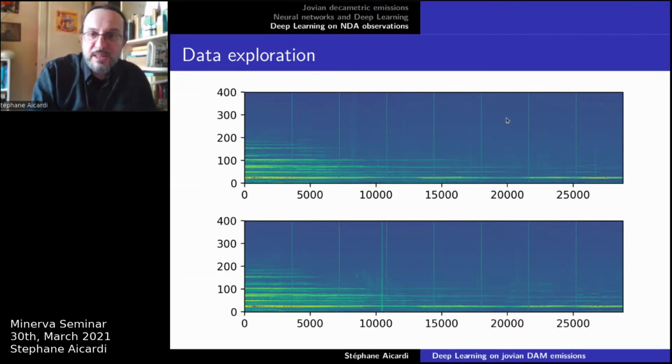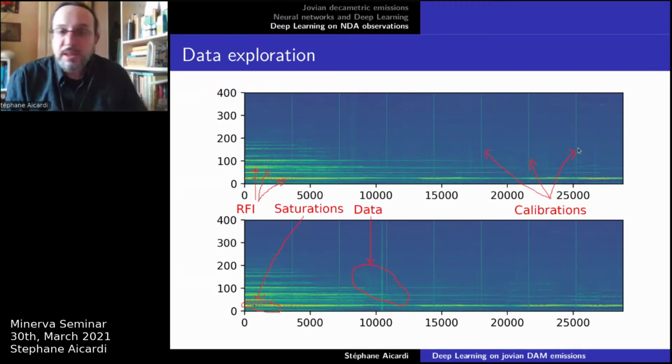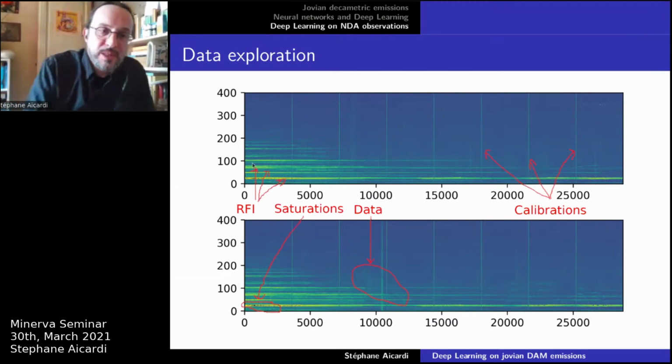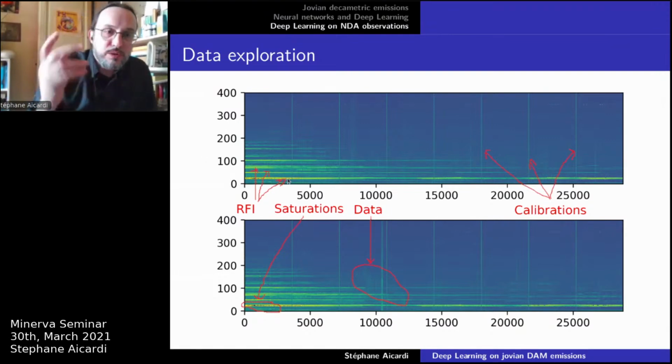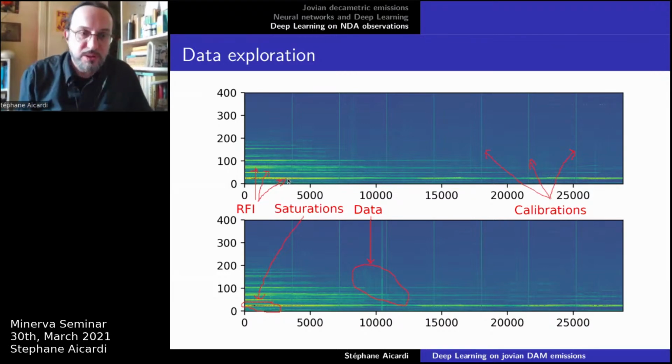In fact, here, those are the calibrations of the array. Those here are the RFIs, so CB, military devices, and so on.